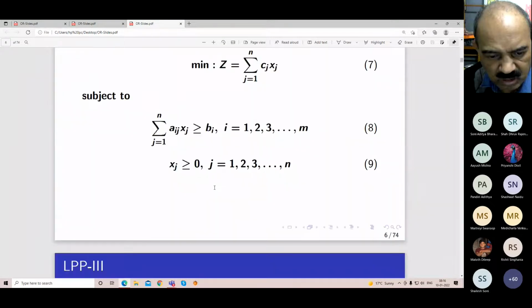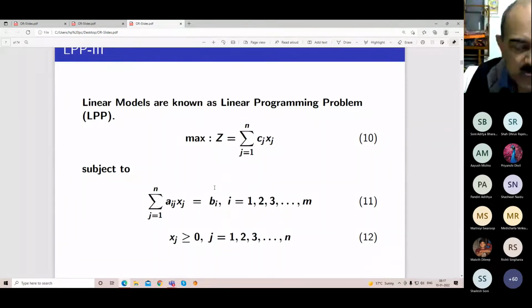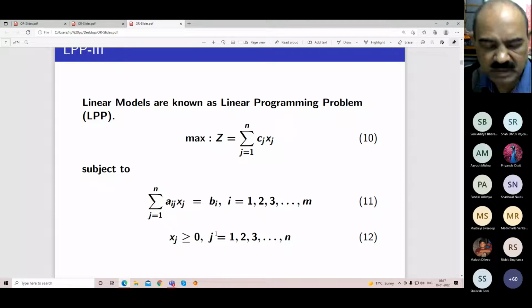So in this third model, I am considering a linear programming model where all the constraints are equations.